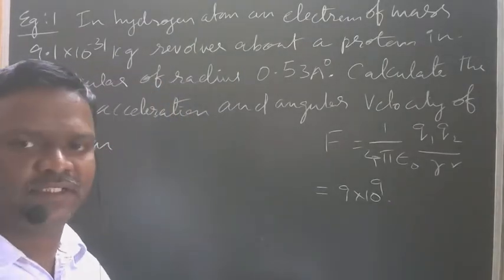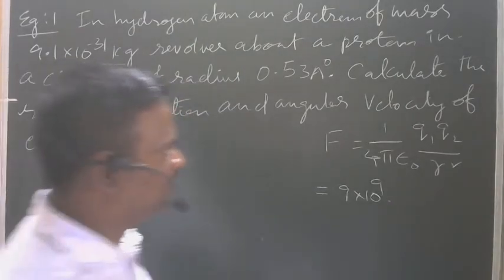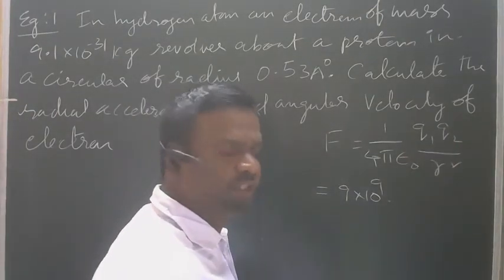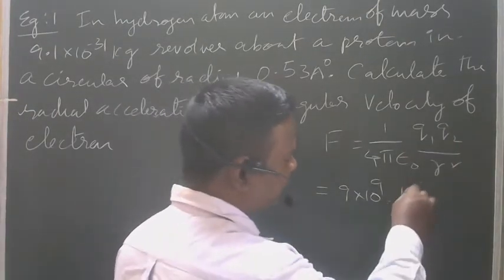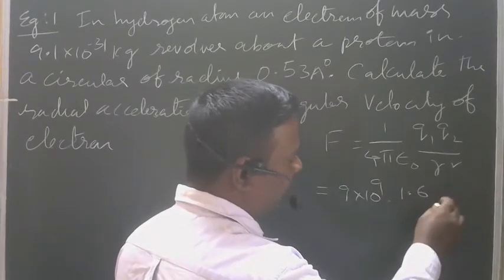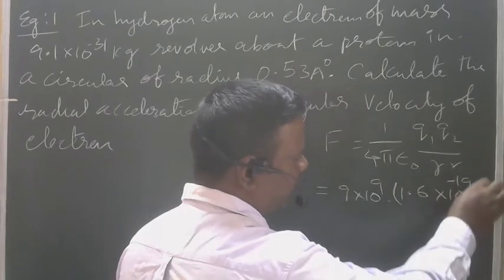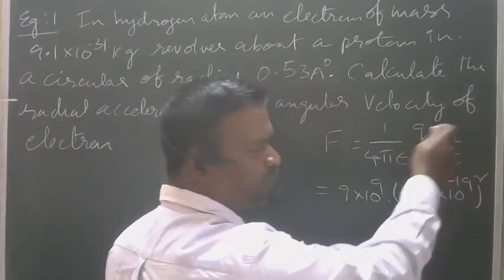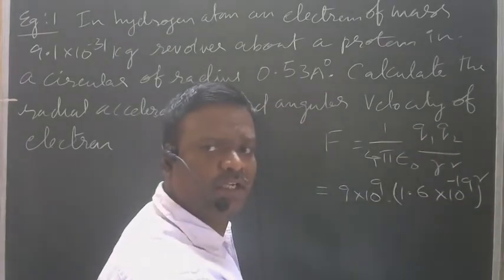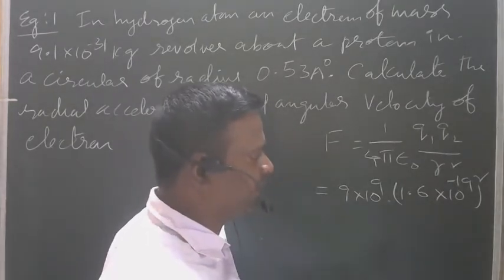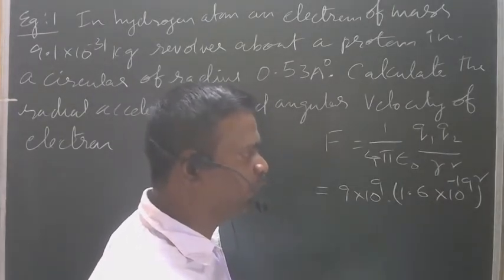The charge is that of an electron, so with q1 q2 you write a square. The charge of an electron is 1.6 × 10^-19 coulombs, whole squared, because q1 and q2 are the same.